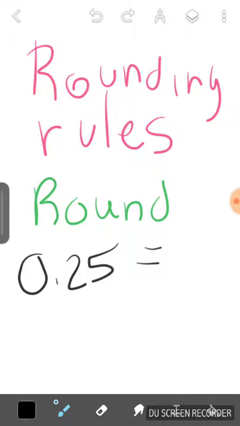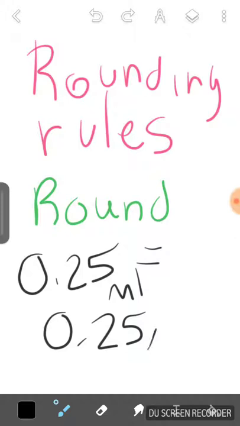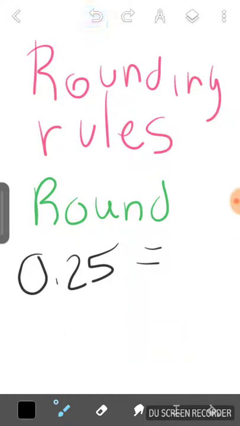Let's round it. Let's make sure we say milliliters, okay? 0.25 milliliters. You round this is equal to 0.25 milliliters. That's the answer. Because it's less than 5, let me show you. Okay, so it rounds to the same thing.